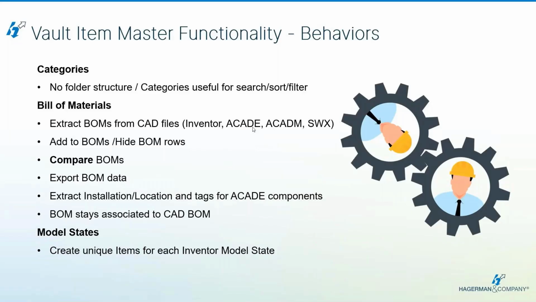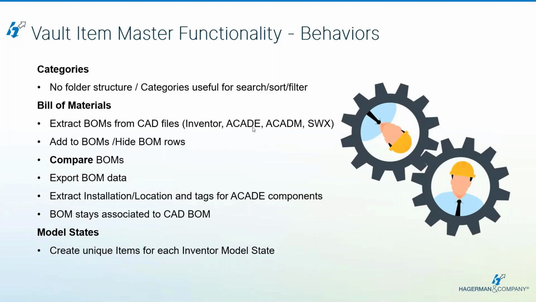That stays associated, right? And finally, another very interesting behavior of items in Vault is the ability to capture model states in a way that you can see those model states outside of CAD, right? If you're just looking at the file in the Vault, it's not clear if there are model states and what those model states might be, and maybe their extended properties.